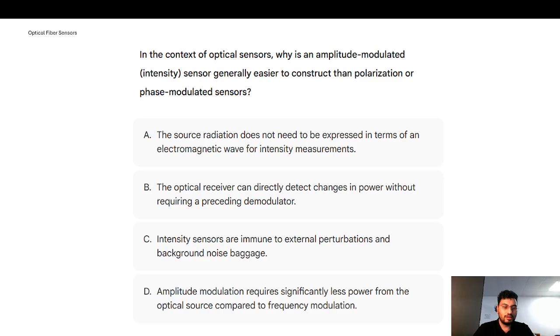Second option is, the optical receiver can directly detect changes in power without requiring a preceding demodulator. Third option is, intensity sensors are immune to external perturbations and background noise. And the last option is, amplitude modulation requires significantly less power from the optical source compared to frequency modulation.